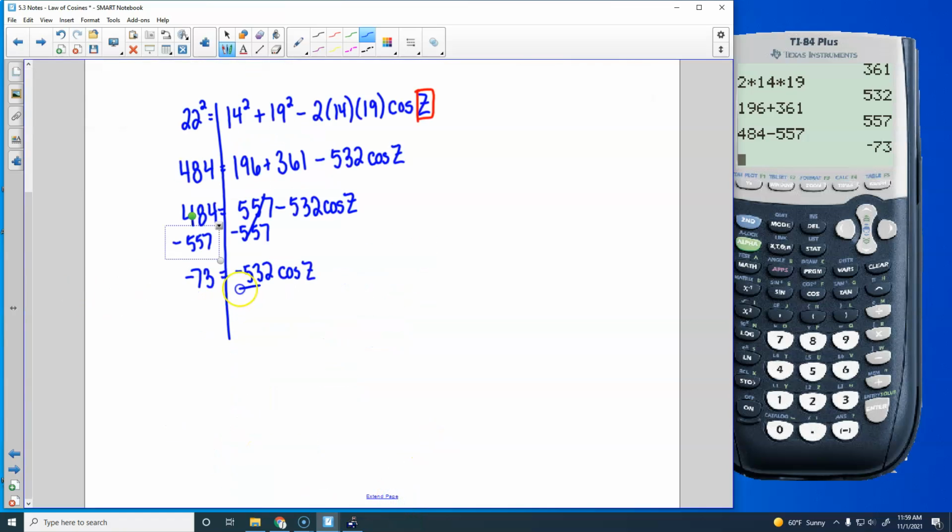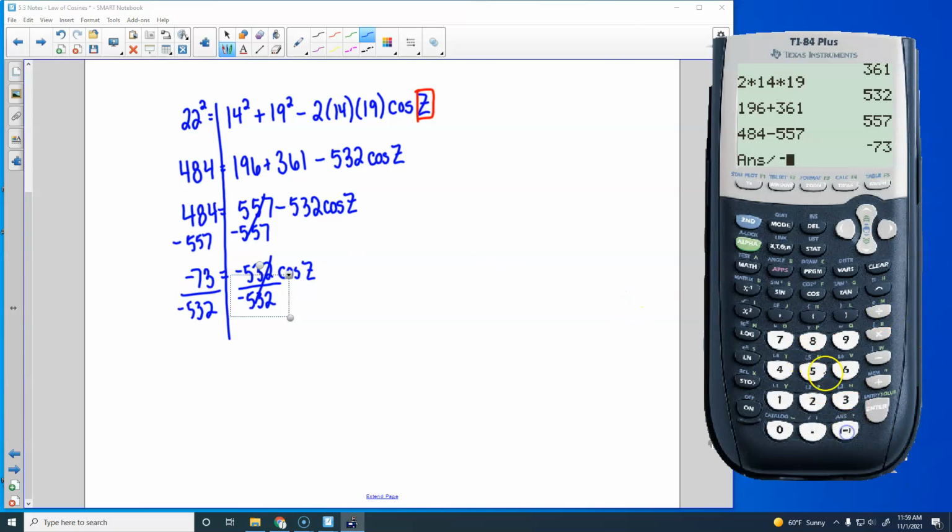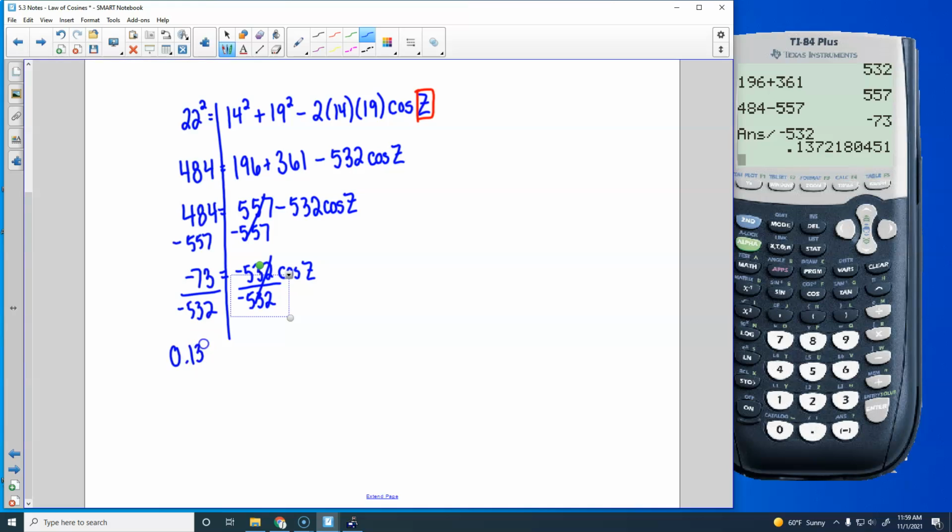And so I will divide by the negative 532. So it'll give me 0.13721. Keep that in your calculator, equals cosine Z. And then what do I have to do after that? Inverse.